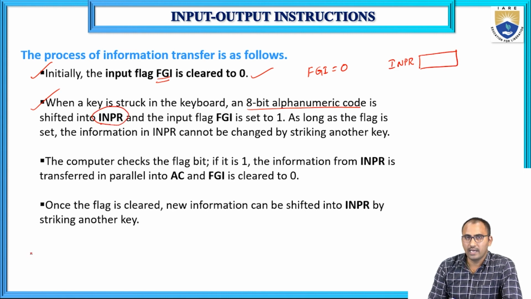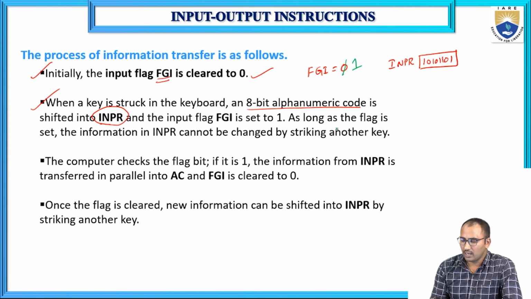Whenever that 8-bit alphanumeric code is loaded into the input register, the input flag value will become 1. That means 1 indicates that the input register contains some information.